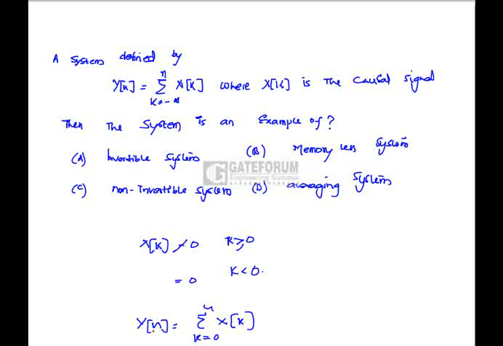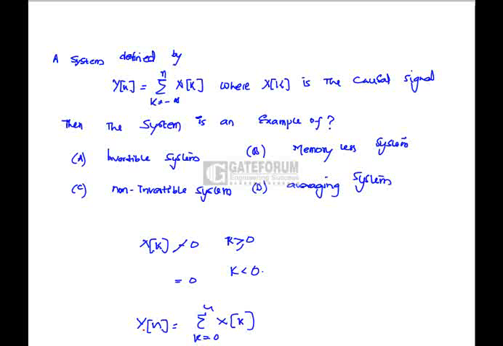For any value of n, it depends upon the past values of x of k. Hence this system is a memory system, not a memoryless system. Depending upon n, it takes the sum of all the samples up to n, meaning it is not an averaging system, it is a summer. So options B and D are not correct.